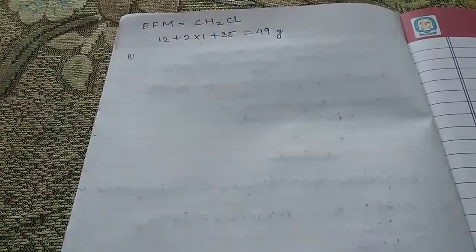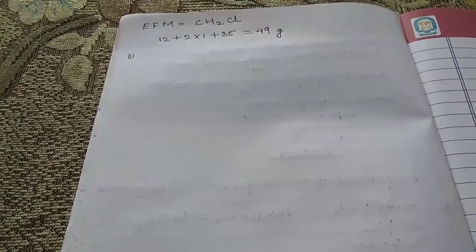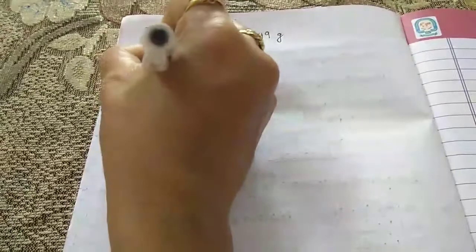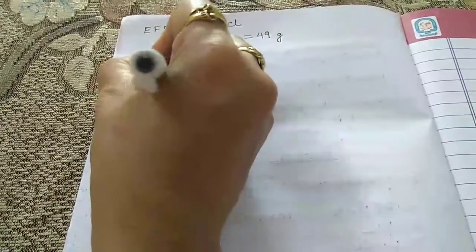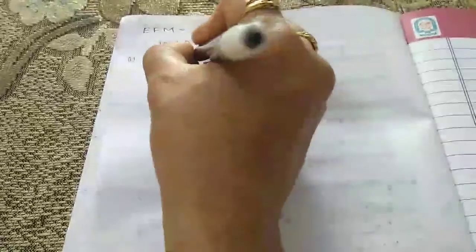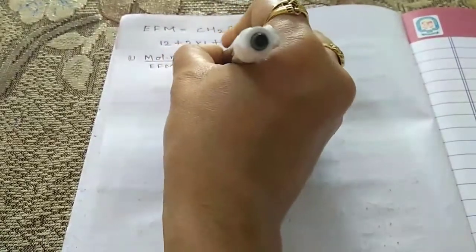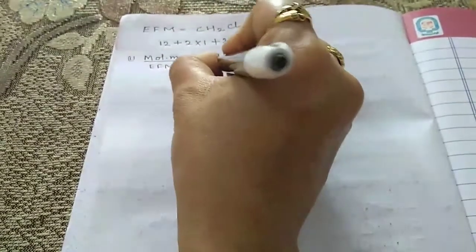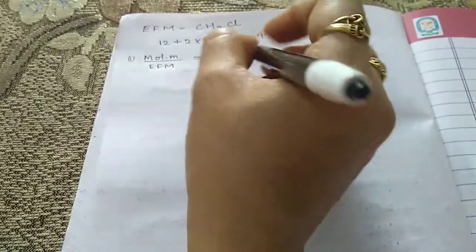Now the next step under this heading is to divide the molar mass by the empirical formula mass. The formula is molar mass divided by empirical formula mass. Here in this case, the molar mass is given, that is 98, and the empirical formula mass is 49.